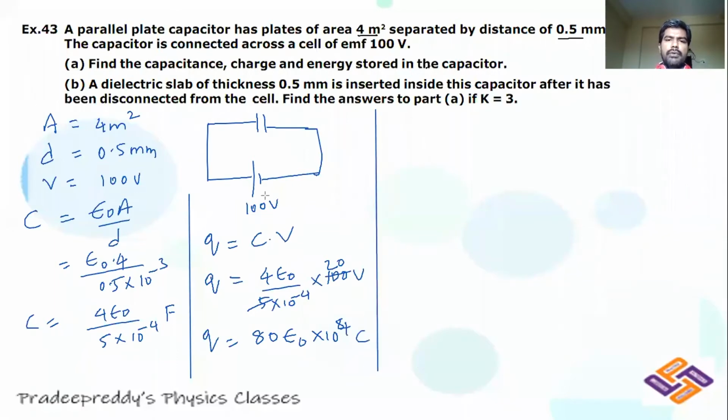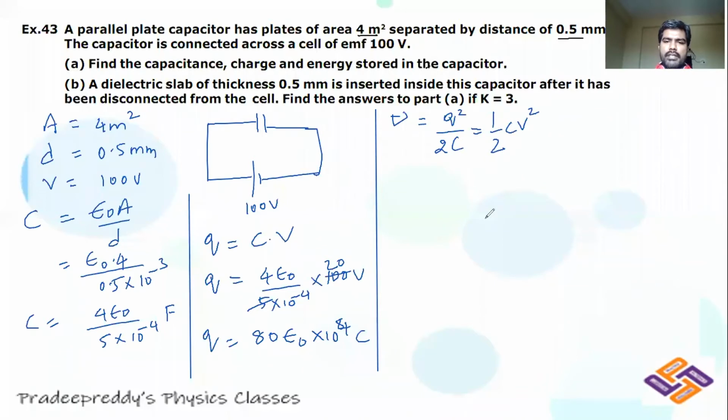Next you should find out what is potential energy, right? Energy stored in the capacitor. So potential energy stored in the capacitor, U will be equal to Q square divided by 2C, or this can be even simply written as half CV square.